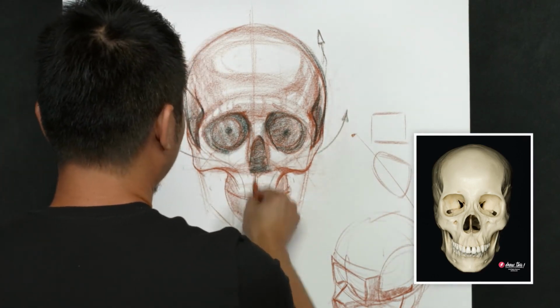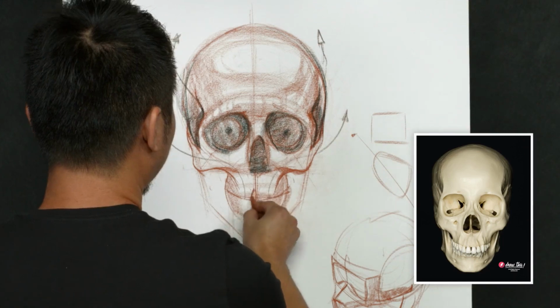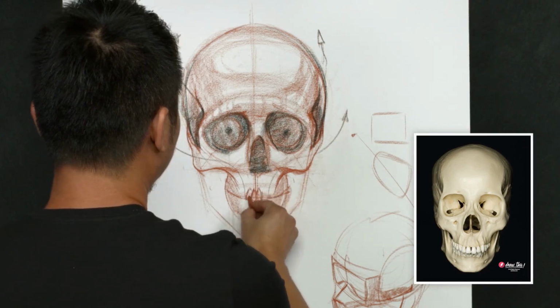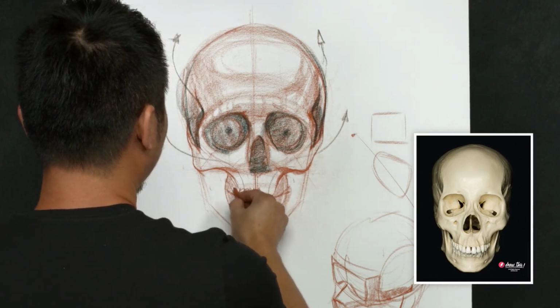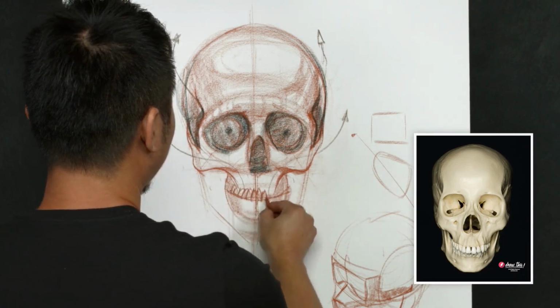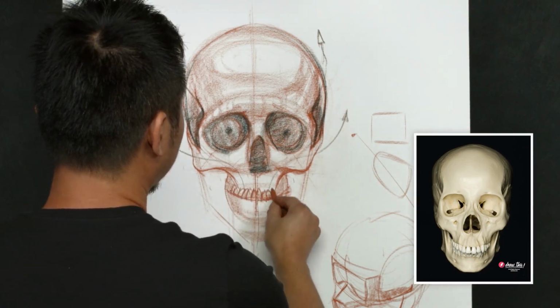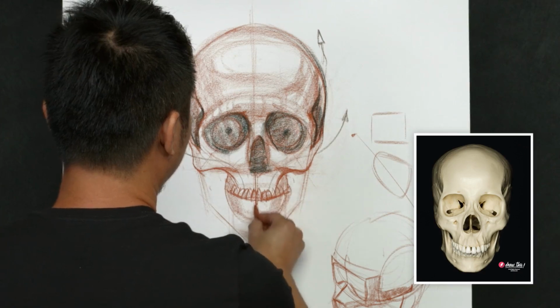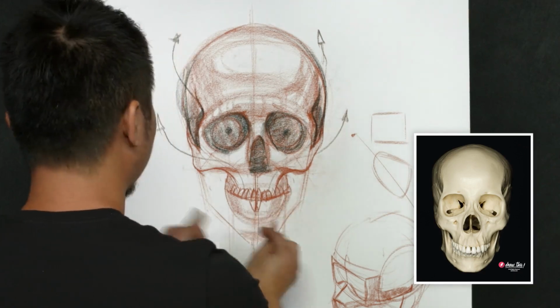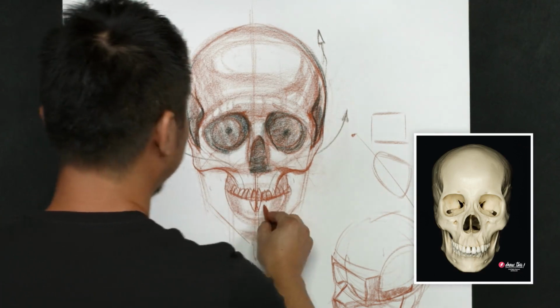I'm basically going to very quickly indicate the teeth, and all I need to do is make sure it plays with some perspective tricks. The teeth go away from us and gradually get smaller and start facing more towards the side.